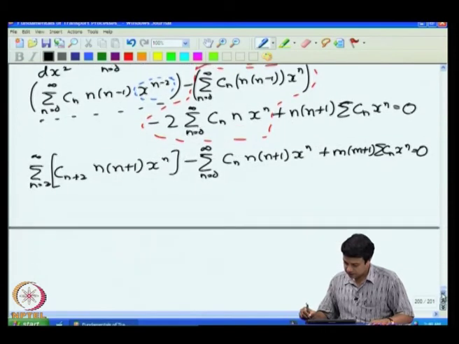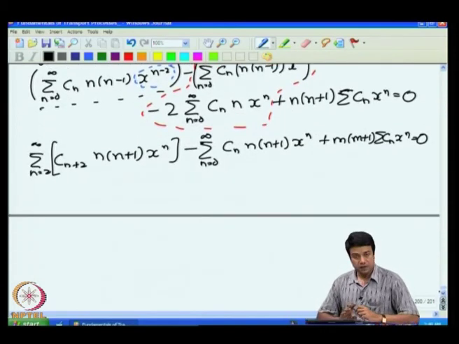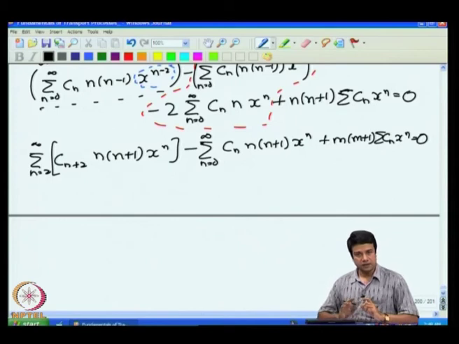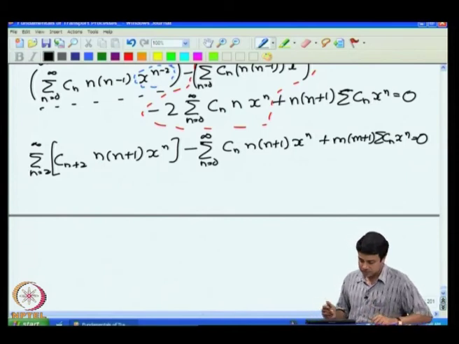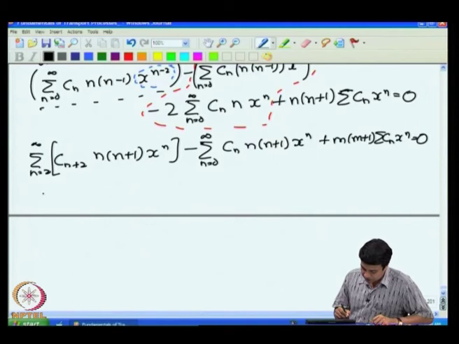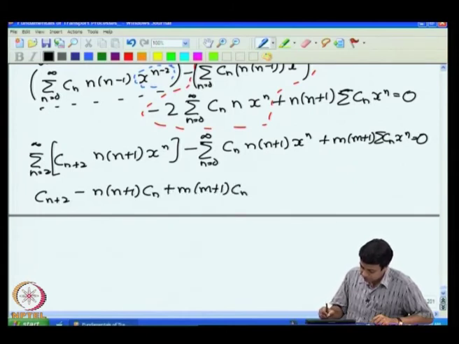So, that is my differential equation for x, and I can use this in order to determine the coefficient Cn, because I set each power of x in this expansion equal to 0. So, I have a series expansion, and if the entire series sums to 0 for all values of x, then each power in that series has to sum to 0. Therefore, I will get Cn plus 2 minus n into n plus 1 Cn plus m into n plus 1 Cn is equal to 0.